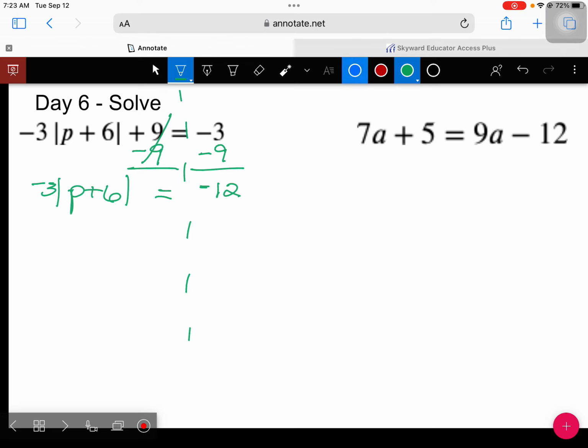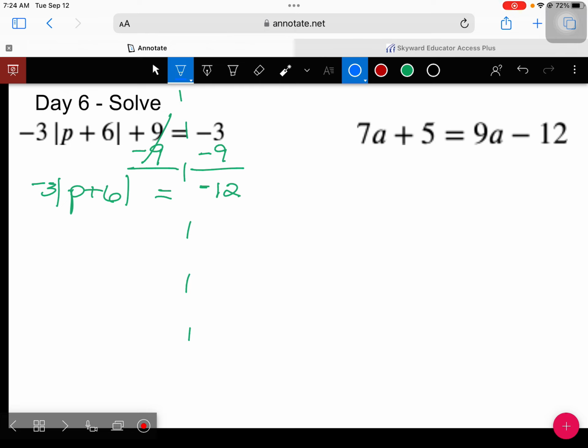Rashawn, what would you do next in this problem? Or what did you do next? You added -12 to -3? Is that what you said? No. What I did, I don't know how to explain it correctly, but I added 12 to cancel the -12. Then I added 12 to -3.